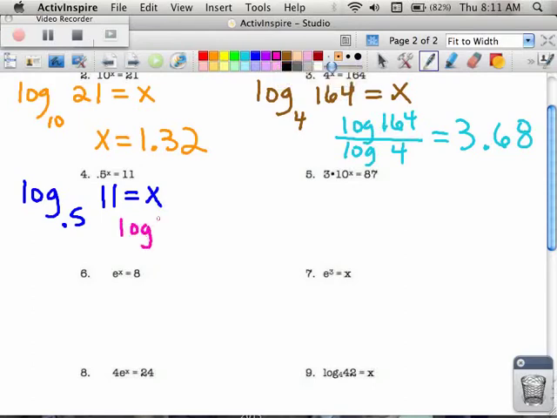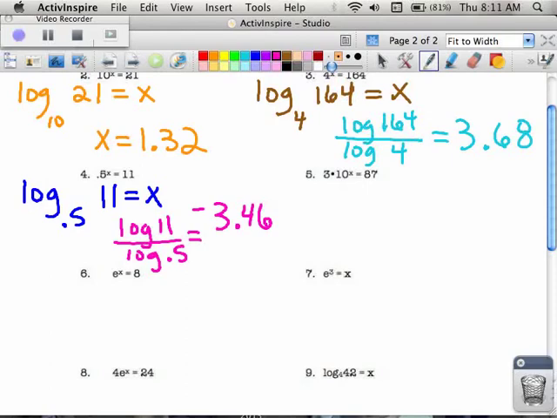Log of 11 divided by log of 0.5. And I type that into my calculator and I get negative 3.46. So sometimes we get decimals, sometimes we get positives, sometimes we get negatives. Don't be surprised by that.